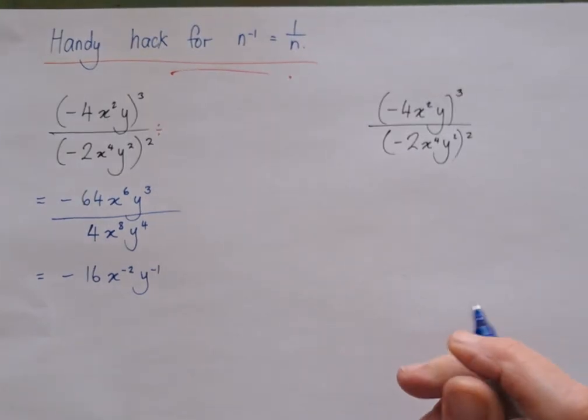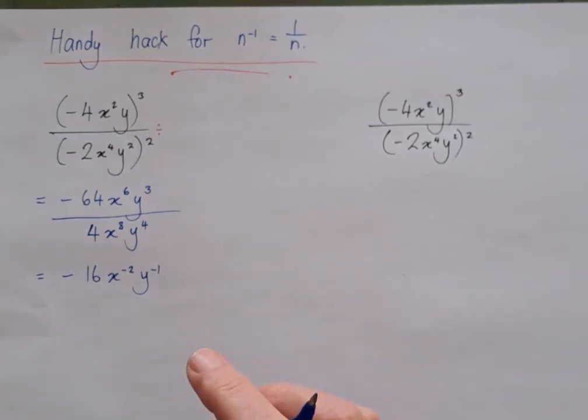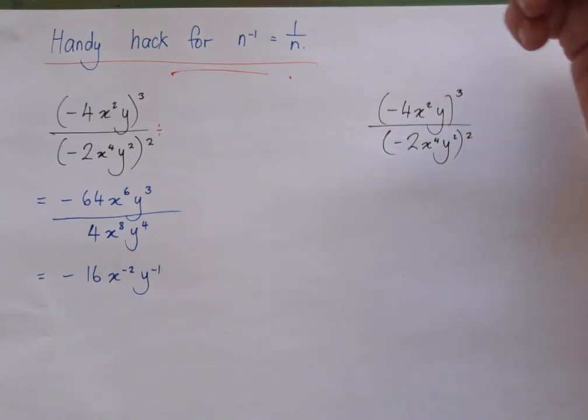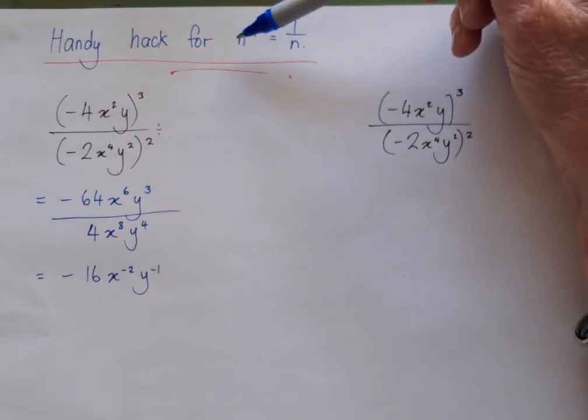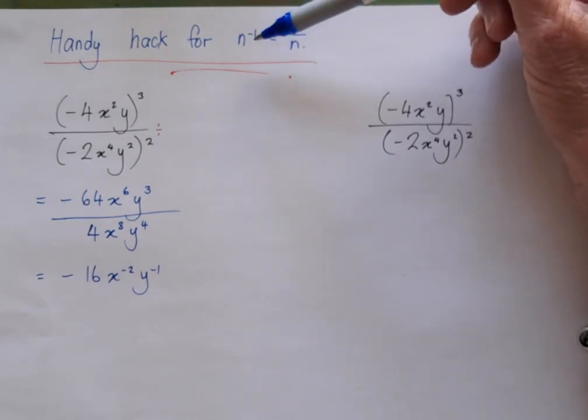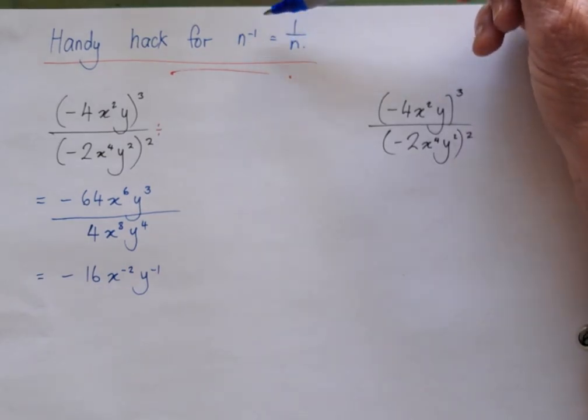But you're not allowed to ever leave an answer with negative exponents. You have to convert them to positive exponents. So this is when you have to be able to apply that rule. Let's look at what this is saying. If I say n to the minus 1, there is no denominator here, so it's implying that n to the minus 1 is in the numerator.